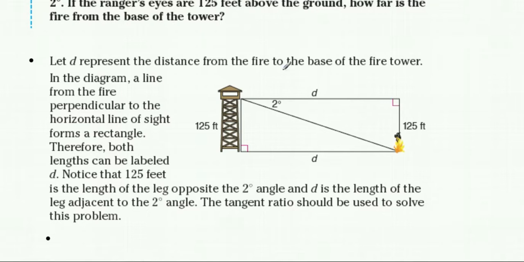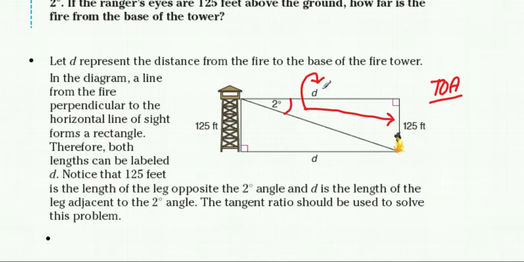Again, why the tangent ratio? Because you want to find the value of D. If we use this 2 degrees to find the value of D, what do we know? We know that the opposite side is 125, and we want to find D. And the tangent ratio, which is TOA, means opposite over adjacent.